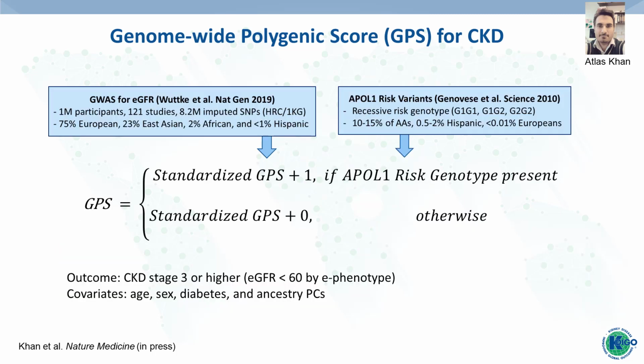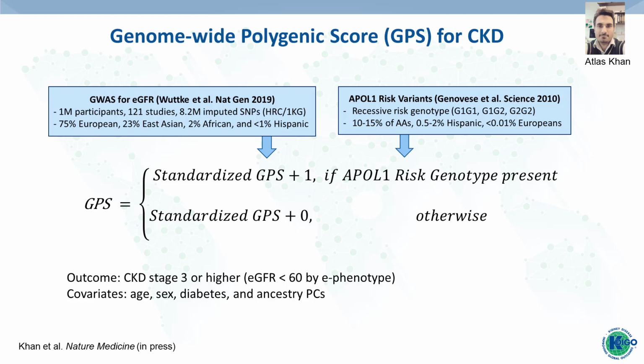This is the formulation of the risk score that we ended up using based on the optimization data sets. Again, the polygenic component was derived based on GWAS for eGFR from 2019. This score was standardized.